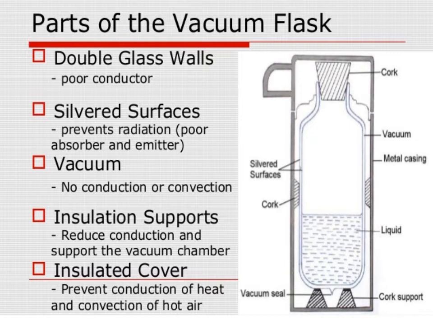The vacuum between the two walls of the flask prevents heat transfer by conduction or convection. The silver coating of the walls of the vessel reflects back heat radiation. Thus, heat by radiation can neither enter inside nor go outside of the flask.